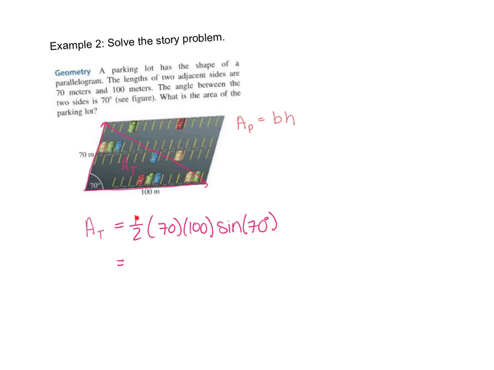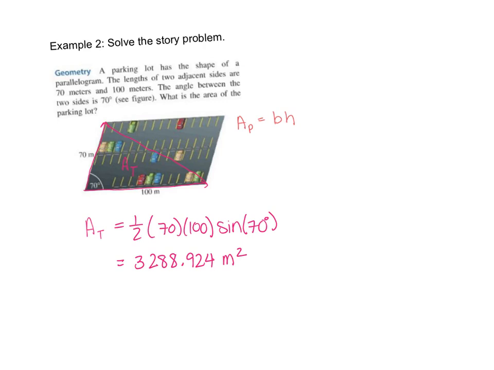So if I take a half, or 0.5, and multiply it by 70, 100, or sine of 70, I get 3288.924. And this is in meters, so I'll have to say this is in meters squared. Okay, cool. So I found the area of the triangle.